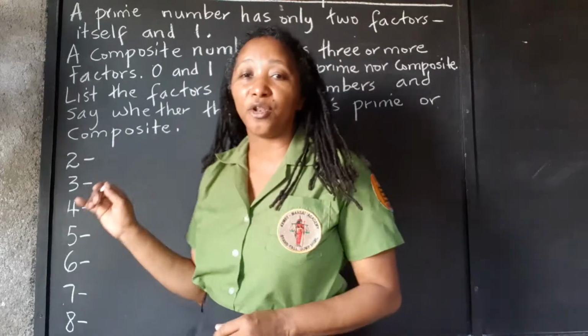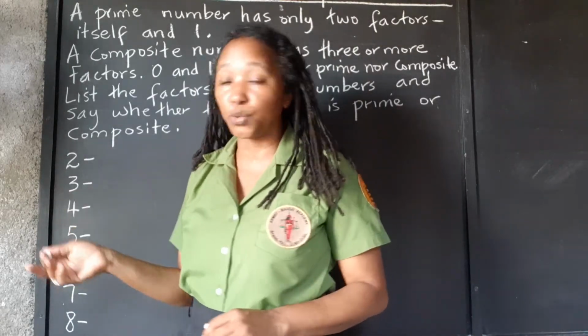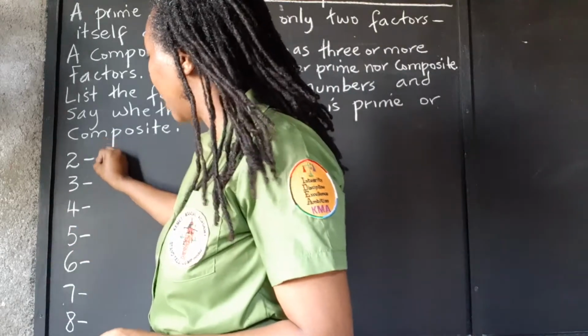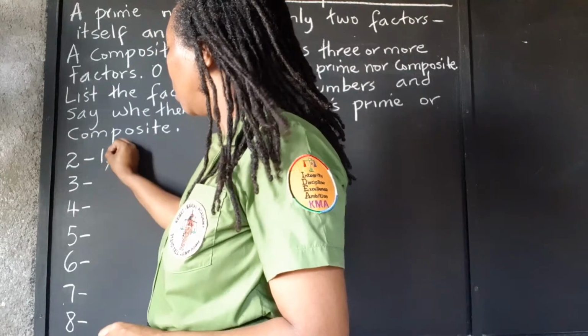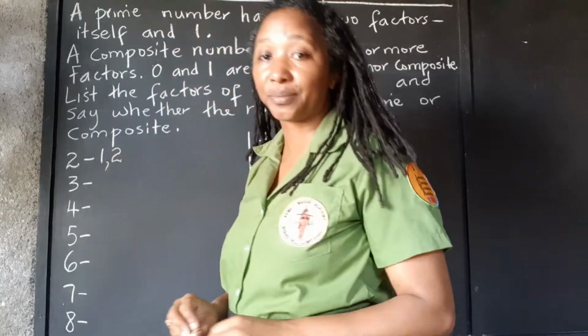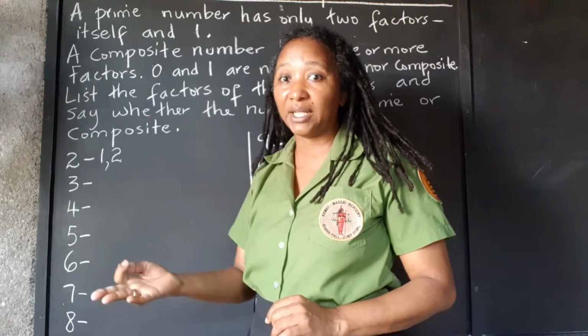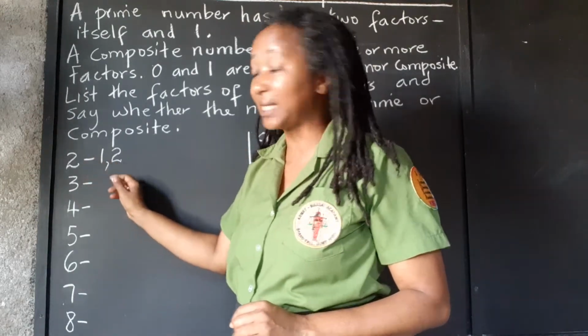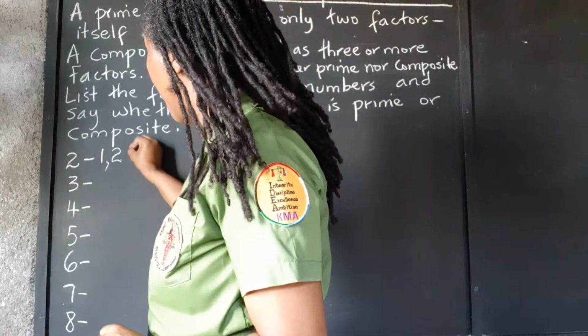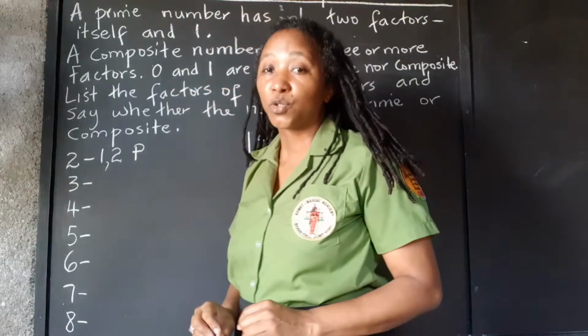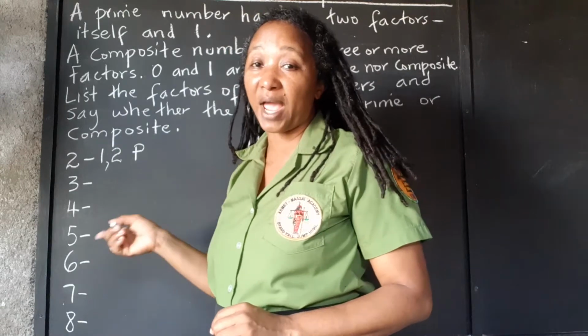So what are all the numbers that can go exactly into 2? We know that 1 can go into 2, 2 can go into 2, right? So nothing else. So that means it's only 2 factors. So 2 is prime. 2 is actually the first prime number.